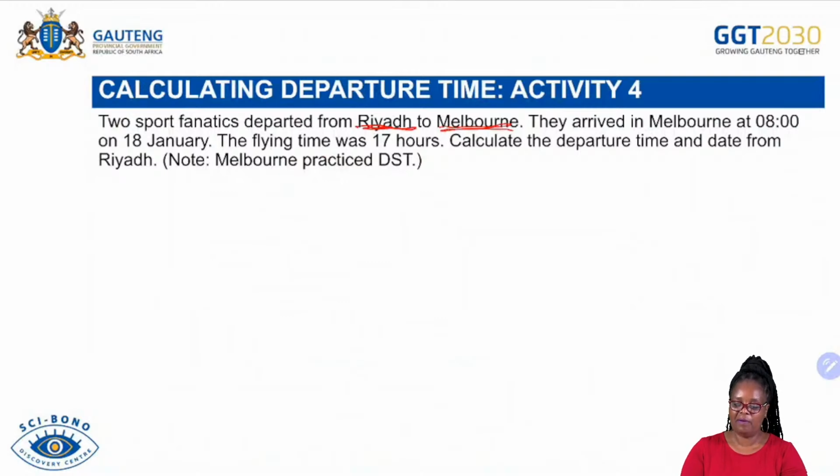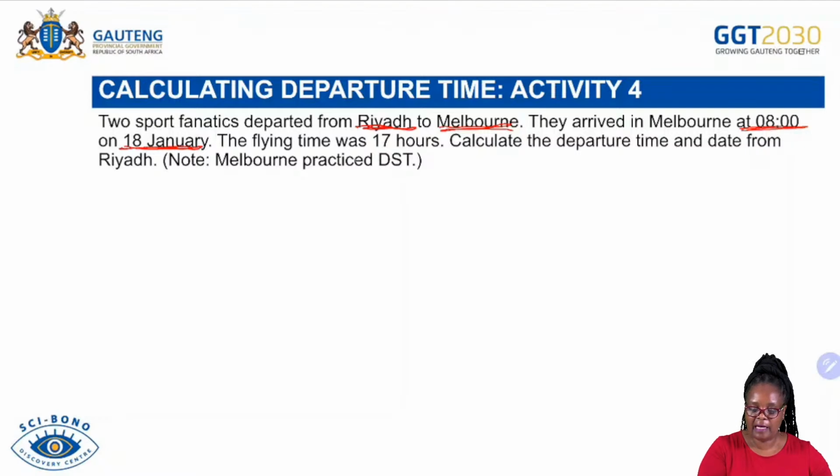They arrived in Melbourne at 0800 hours. That's the time. We have identified the time. When? 18 January. And the flying time was 17 hours.